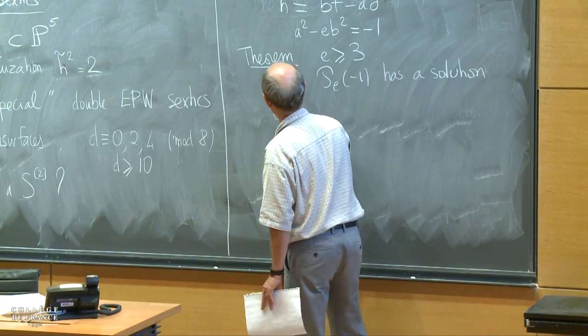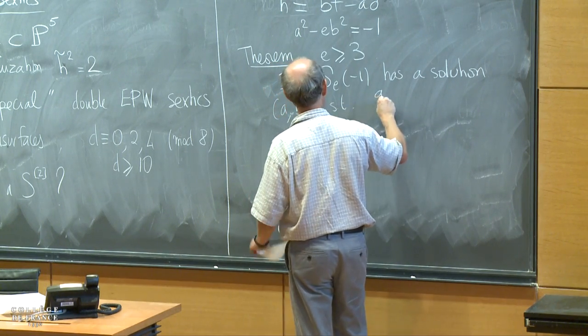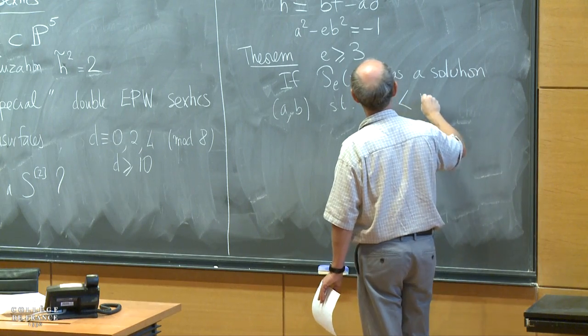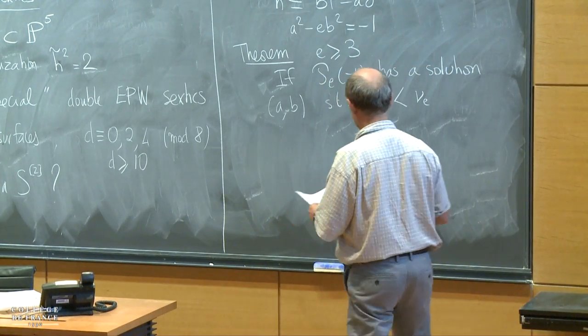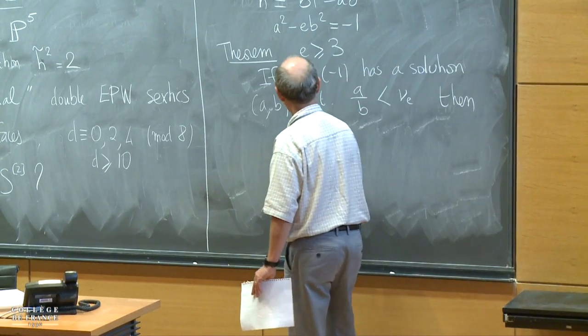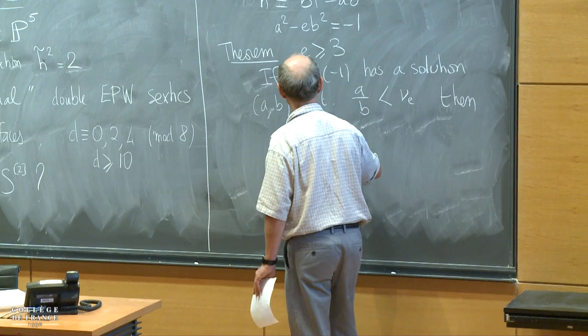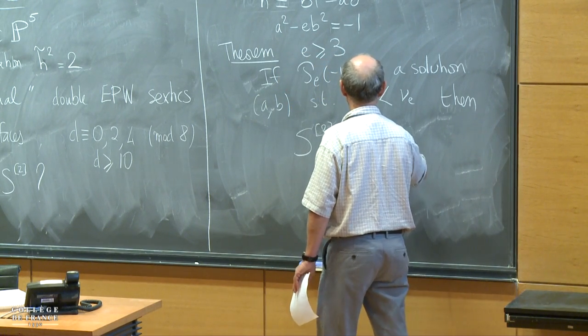(A, B) such that A over B is smaller than nu E, the nef slope, then again, this should be understood as it was understood before, between very general members of each family.